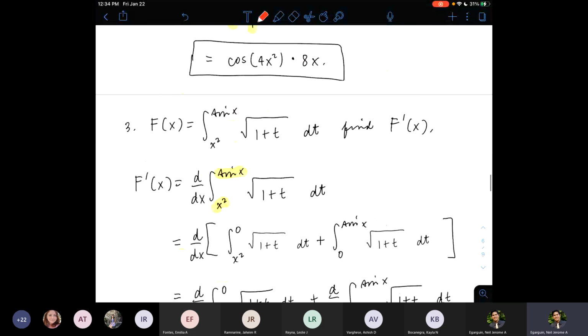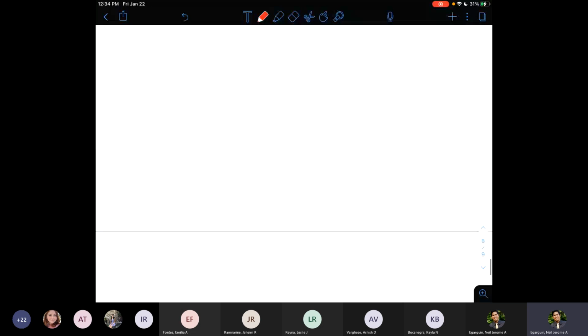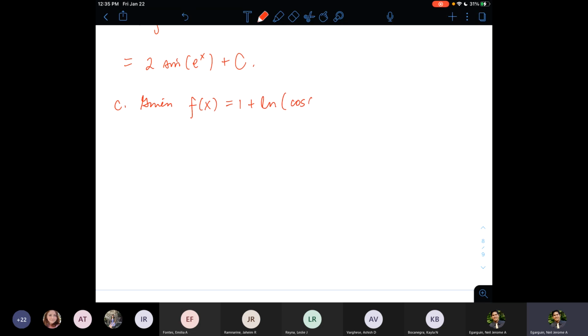We already have examples A and B, so let's call this example C. Given f of x equals 1 plus ln of cosine x, find the integral of the square root of 1 plus the quantity f prime of x squared dx. This is in the homework, and the homework is not electronically generated. So if I answer this, then you all know the correct answer.